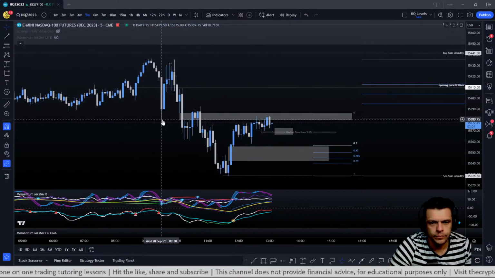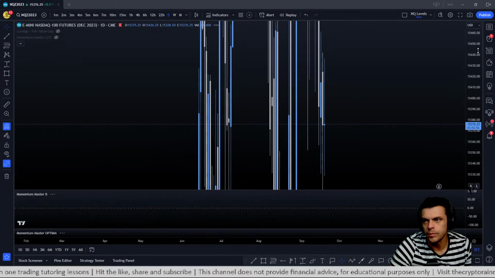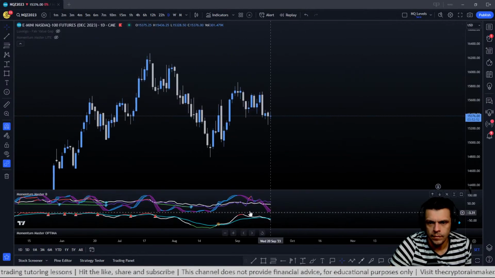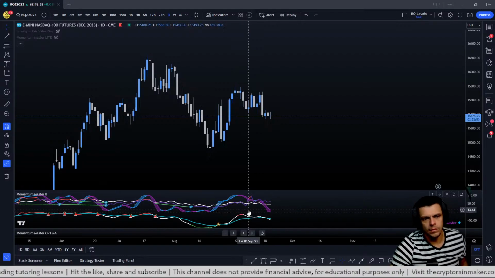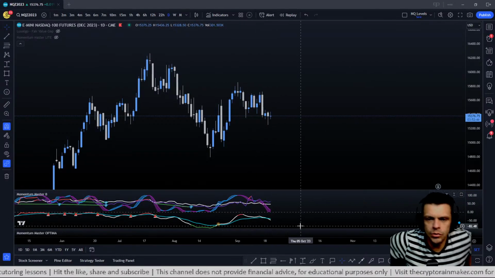Alrighty. Okay, let's delete everything. The Momentum Master on the daily looks like the momentum is starting to reset.